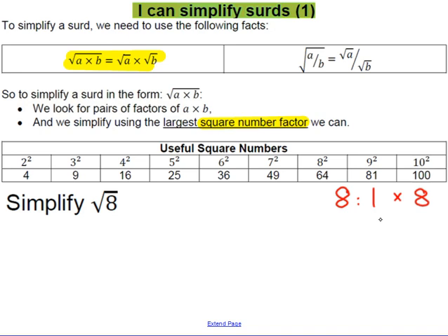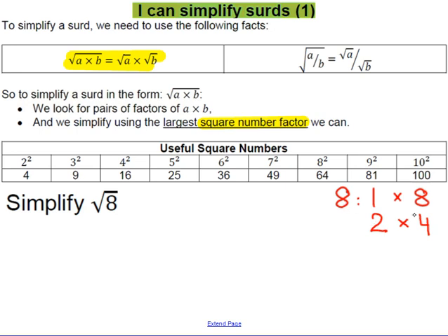I'm now going to just go through my times tables and think about whether 8 is going to be in that table. So I then want to consider, is 8 in the 2 times table? Well, it's an even number, so it definitely is. So that's going to be 2 times 4 to give me 8. I'm going to then consider the 3 times table. Well, 8's not in the 3 times table.